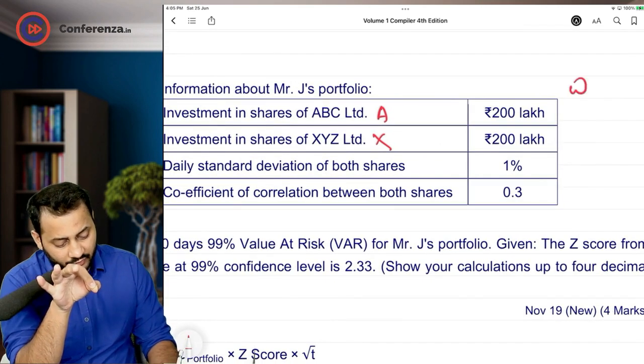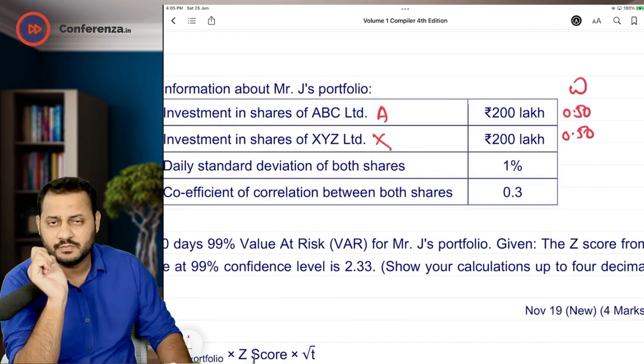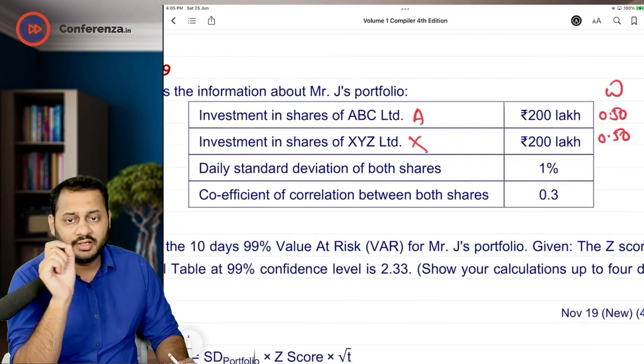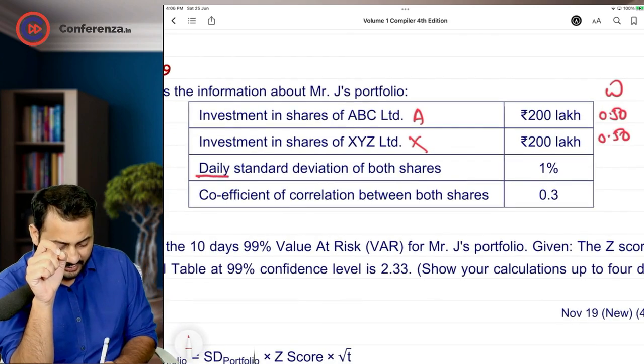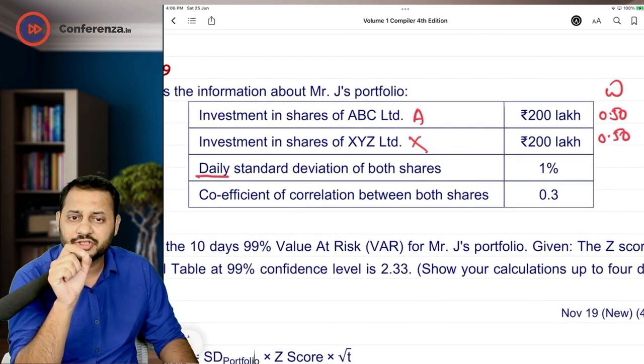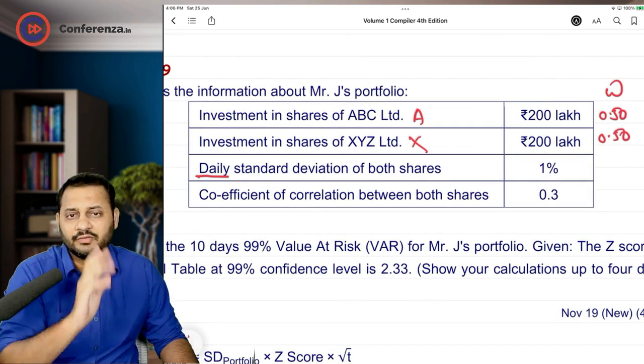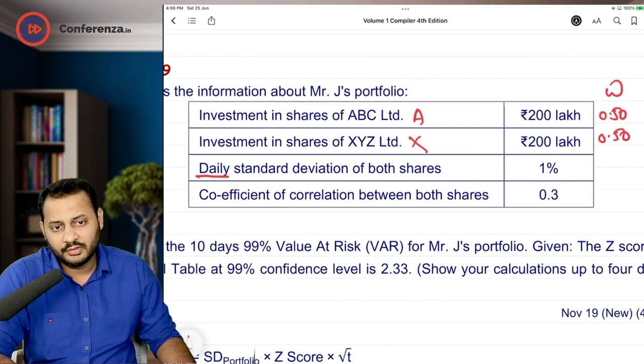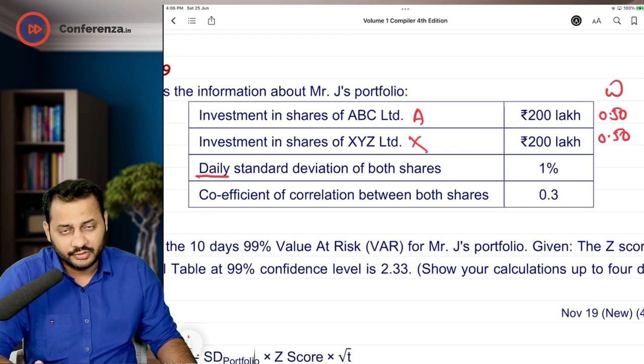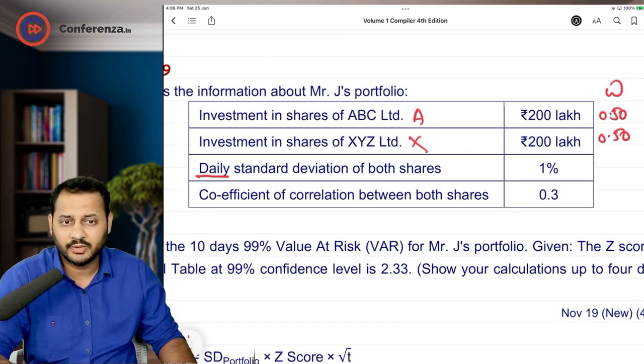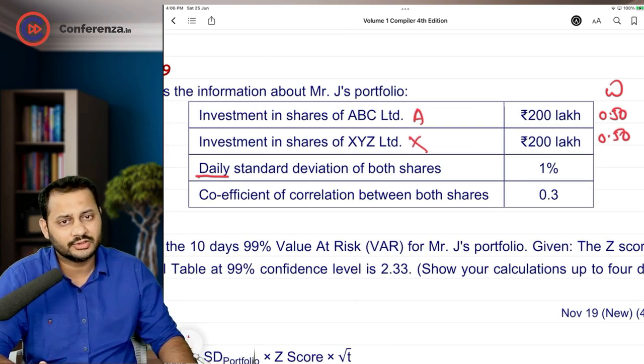The weight of investment is 50-50%, clearly. The daily standard deviation of both shares is 1%. It means 1% for both. If you apply it for 400 lakh, it will be 4 lakhs. If you apply it for 200 lakhs, it will be 2 lakhs, and 200 lakhs, it will be 2 lakhs. So 2 lakhs separately.